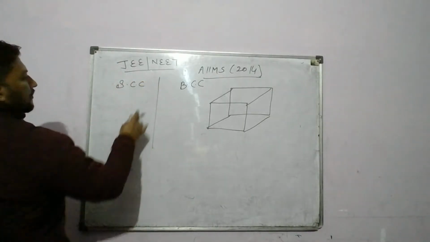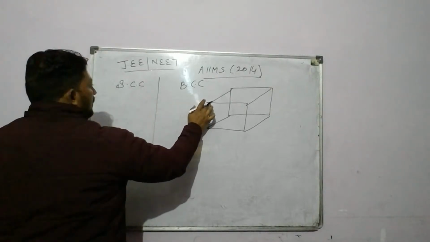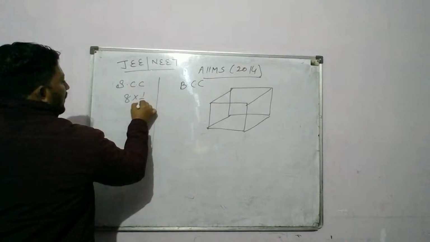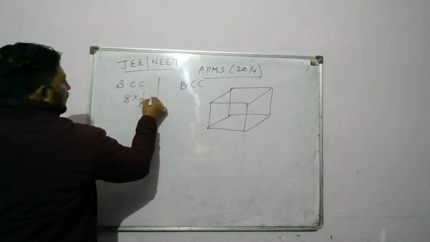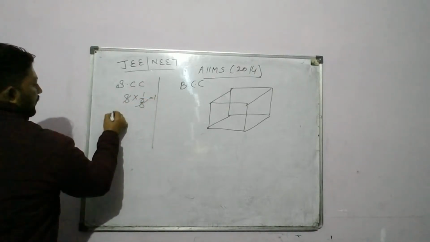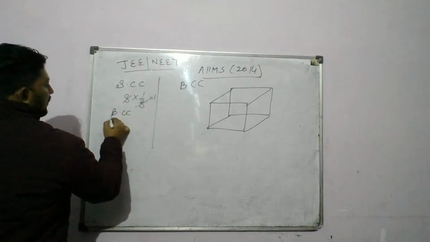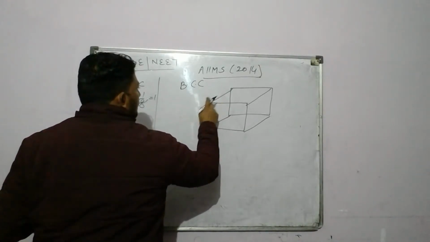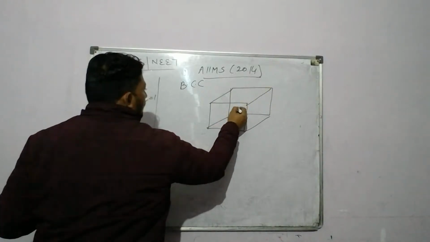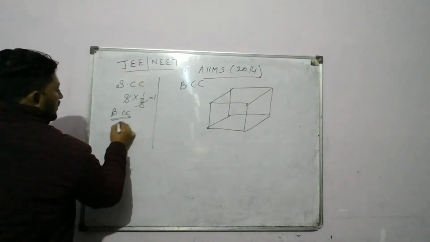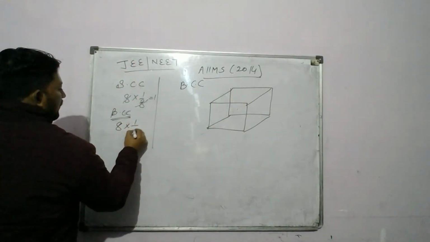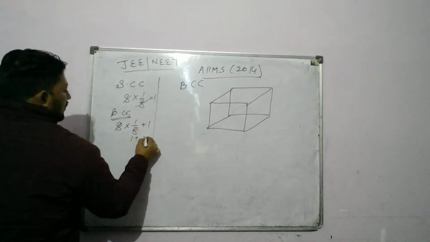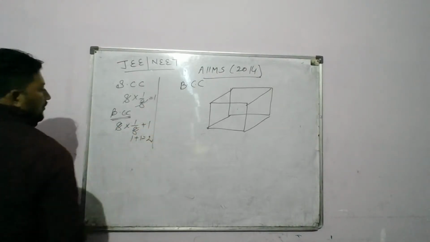Simple cubic crystal means all the atoms are present at the corner: 8 multiplied by 1 by 8, so the number of atoms is 1. In BCC, the atoms or ions are present at the corner as well as the center of the body. It means 8 multiplied by 1 by 8 plus 1, so the number of atoms is 1 plus 1 is equal to 2.